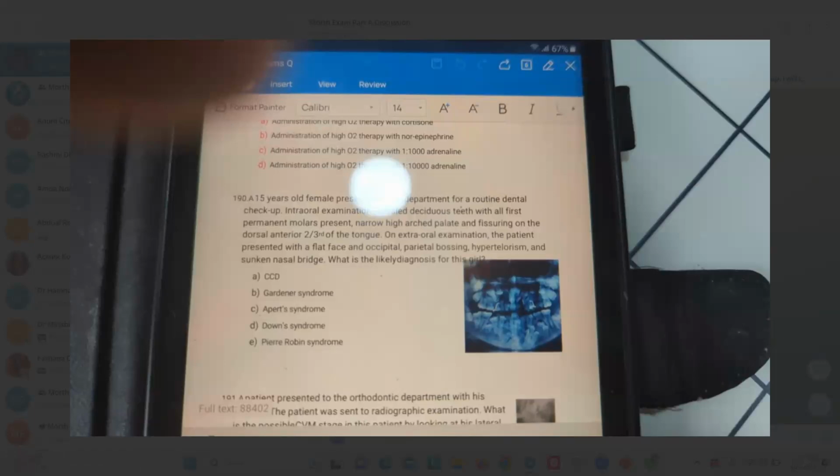Intraoral examination shows all first permanent molars, narrow high arch palate, fissuring on the dorsal anterior two-thirds of the tongue, fissuring of the tongue. Because it's not in cleidocranial dysplasia.